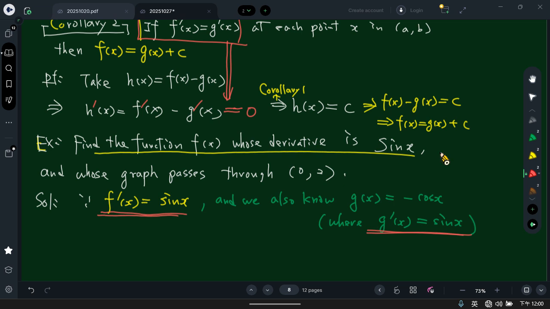So therefore, since they have the same first derivative, based on corollary 2 we know f of s must be negative cosine s plus c, that means g of s plus c, right? According to corollary 2.